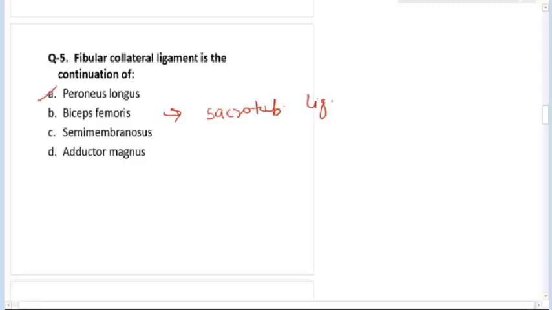Adductor magnus degenerated part is the tibial collateral ligament or medial collateral ligament.